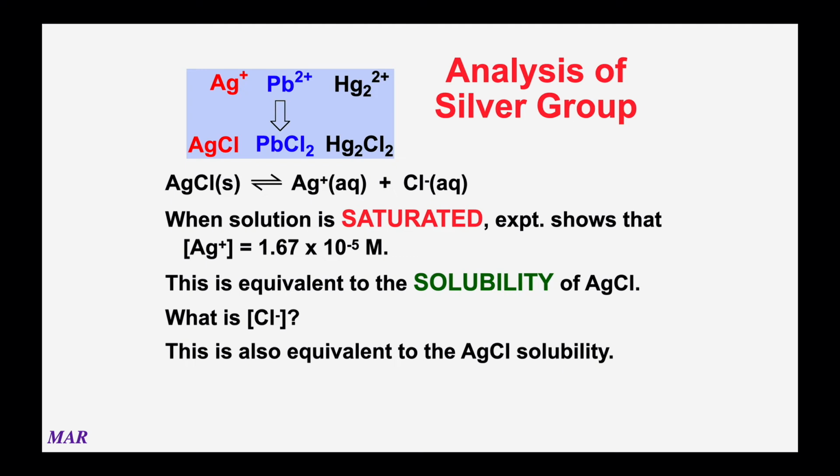The stoichiometry of silver ions to chloride ions is 1:1. One silver ion for every one chloride. So that means chloride and silver ions both are at 1.67 times 10 to the minus 5 moles per liter in this example. We'll talk about when those numbers maybe aren't equal in a later section.